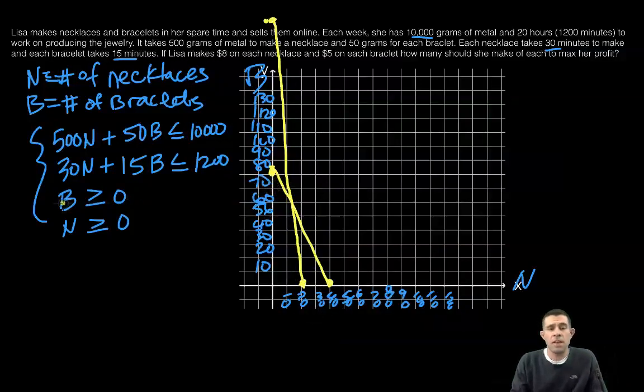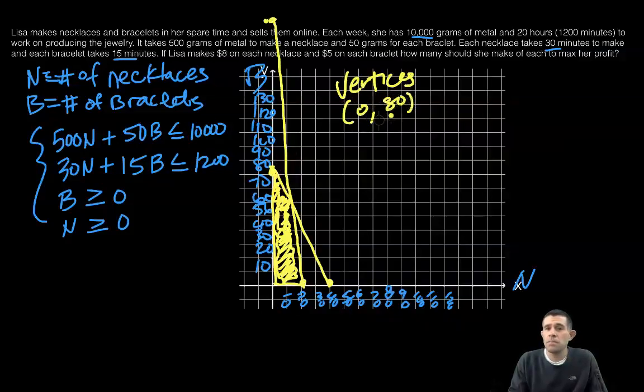And finally, n greater than or equal to 0 and b greater than or equal to 0 indicates that I want everything to the right of the y-axis and above the x-axis. So here is my shaded in feasible region. All right. So next thing is we want to grab the vertices from this. Here is at our y-intercept, which is 0 over and 80 up.